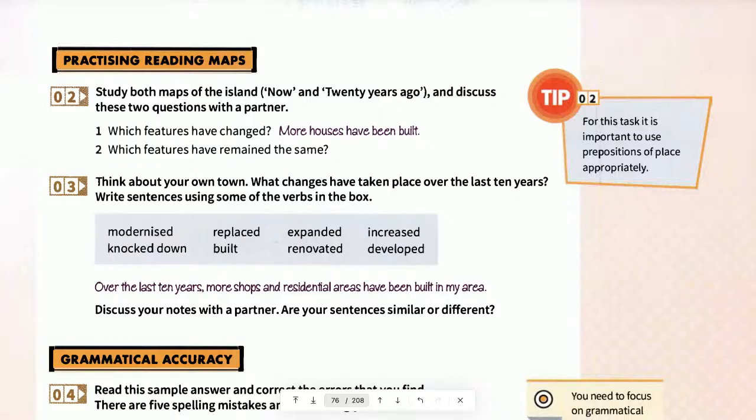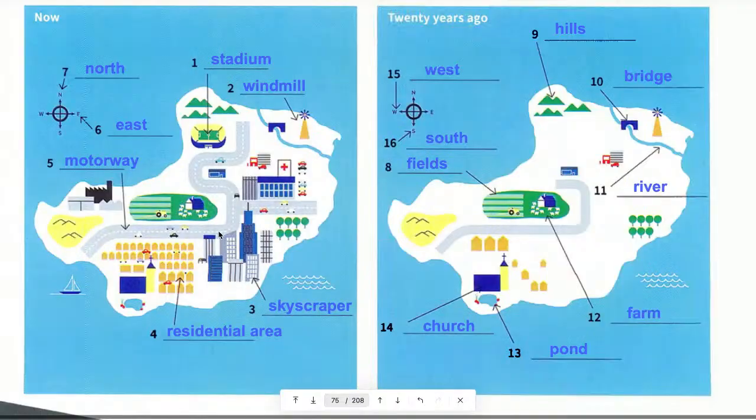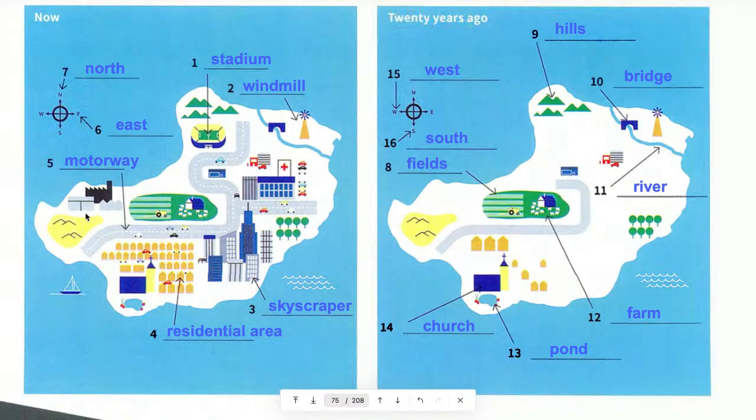Can we say one sentence? Yes. For example, when you look at the now map, you see a motorway, right?